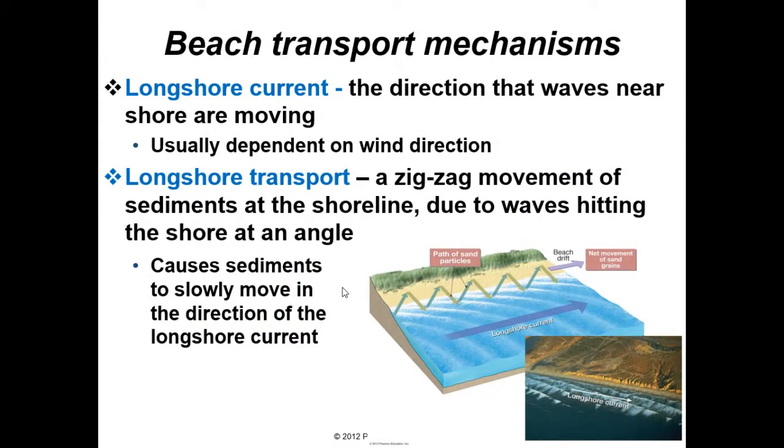Now, in addition to refraction is something called longshore current. Longshore current is just generally described as the direction that waves are moving in relation to the shore. As a general rule, longshore current is going to be in the direction that the wind is blowing.